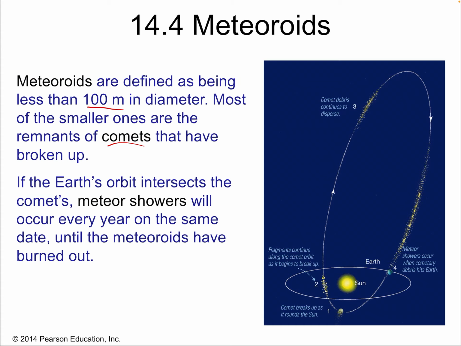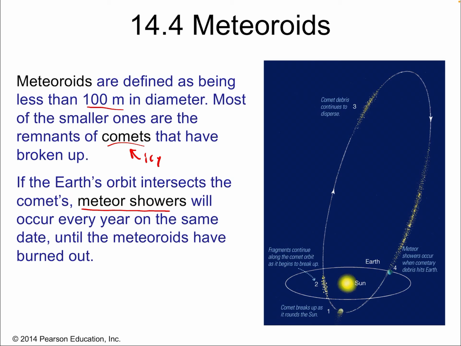Because again, I think I mentioned there's a big distinguishing characteristic between comets and asteroids. I want to come back to that real fast. Comets are icy, all right, and asteroids are rocky. But anyway, a comet that's broken up would give us those small chunks that are 100 meters or less. If the Earth's orbit intersects a comet, meteor showers occur.